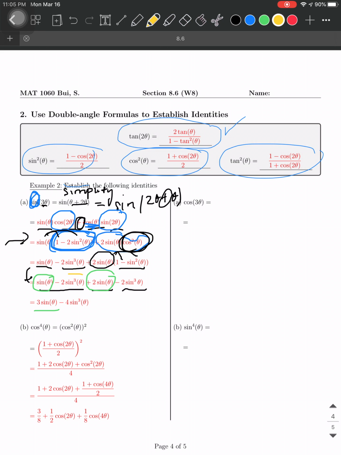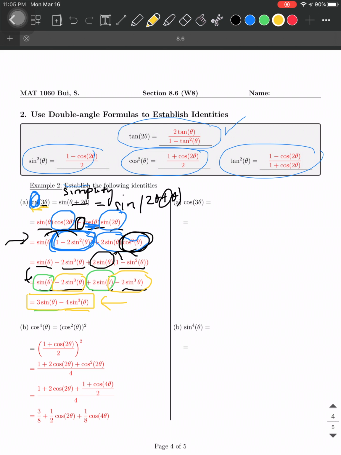We also have negative 2 sin cubed theta minus another 2 sin cubed theta. So in total, we're going to have negative 4 sin cubed theta. So this is the answer. As you can see, I start with sine, and I end up with an expression that only has sine in here.